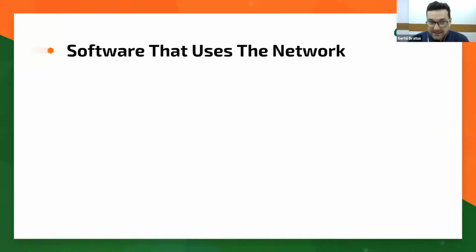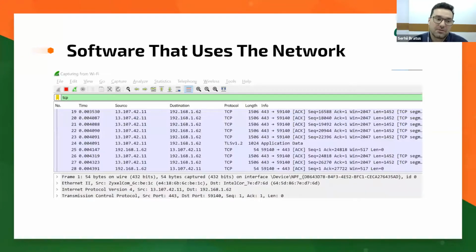So next, software that uses the network. Again, one of the most convenient ways to measure latency is using code, but sometimes you can use captures. This is a screenshot from Wireshark. I think most of you have probably seen this.